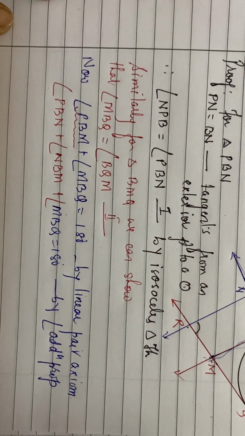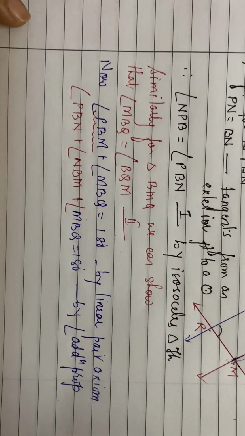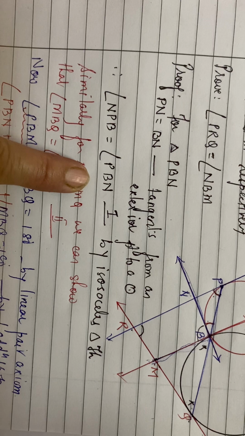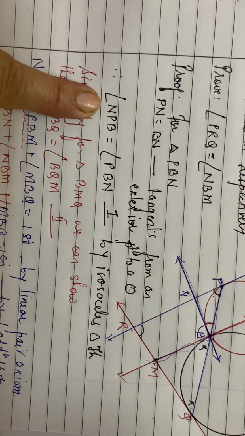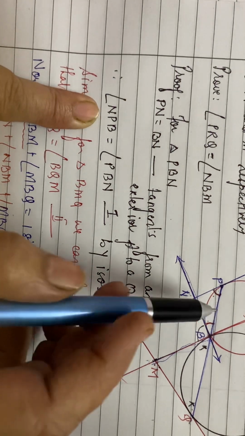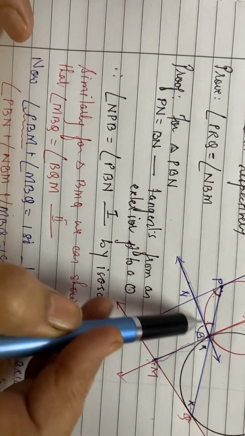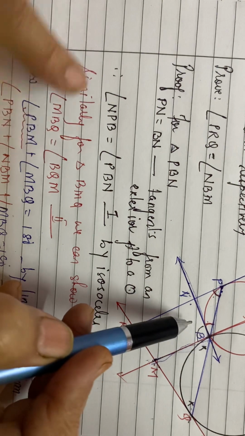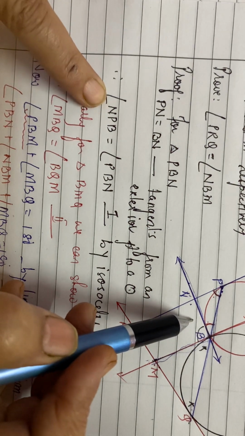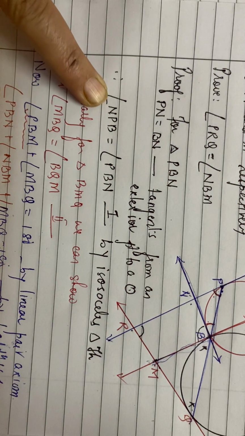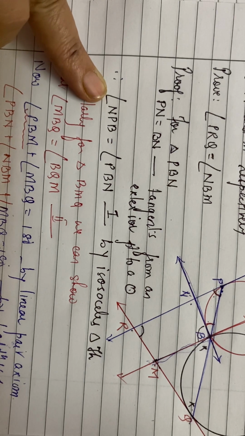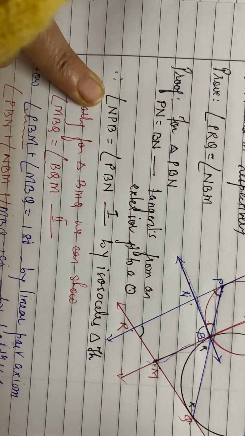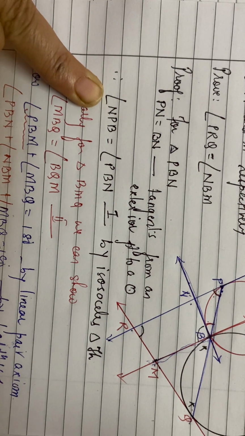Fine. Now, if you have a look at equation 1, PBN is equal to NPB, right? So in place of PBN, I'll write NPB, plus this angle NBM as it is.